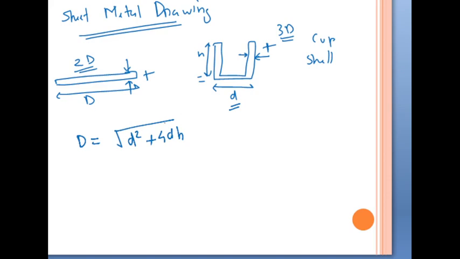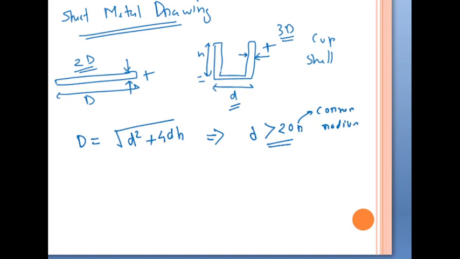However, this formula will be valid only when small d is greater than 20R. And believe me, in most of the cases small d will be greater than 20R. However, you should check it. Here, what is R actually? Here R is the corner radius.